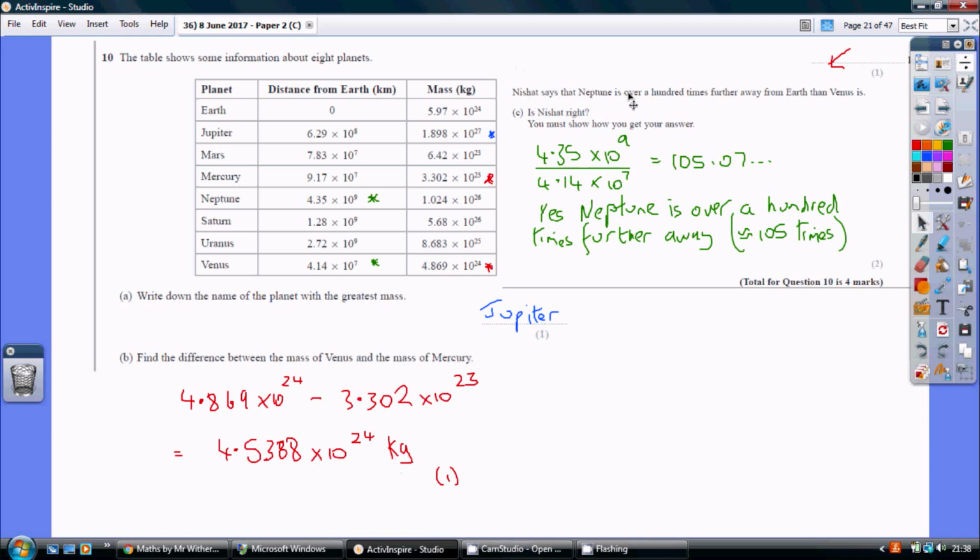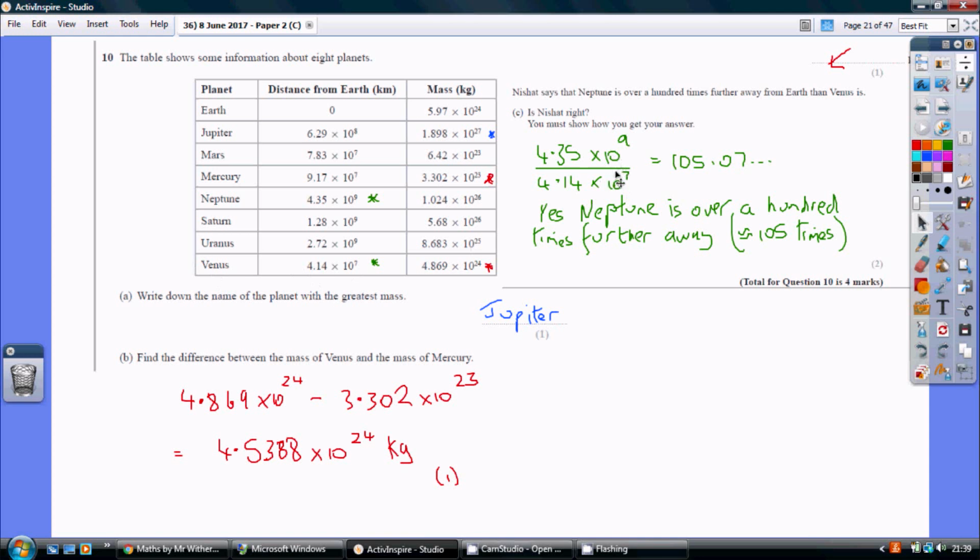Now, Nishat says that Neptune is over 100 times further away from Earth than Venus is. Is Nishat right? So let's take the distance from Earth of Neptune, which is 4.35 times 10 to the 9. Divide that by the distance that Venus is from Earth, 4.14 times 10 to the 7.